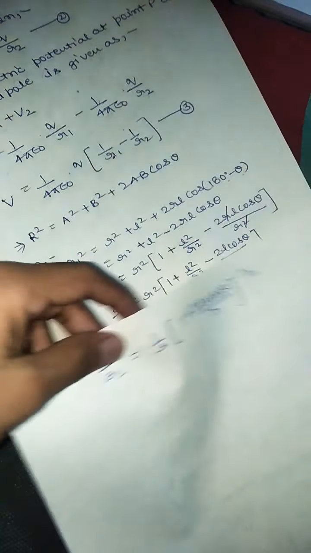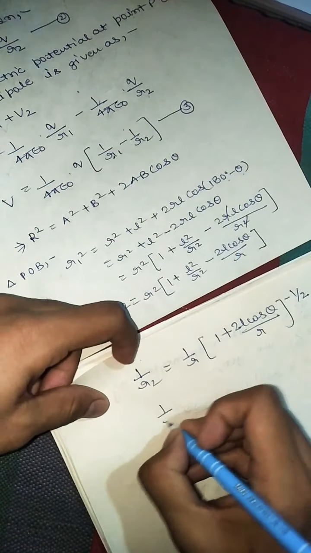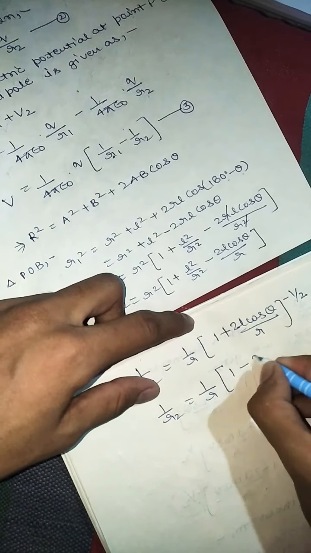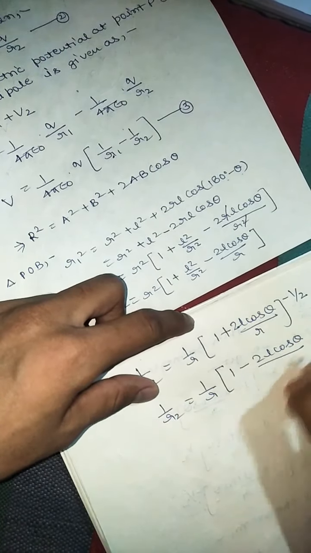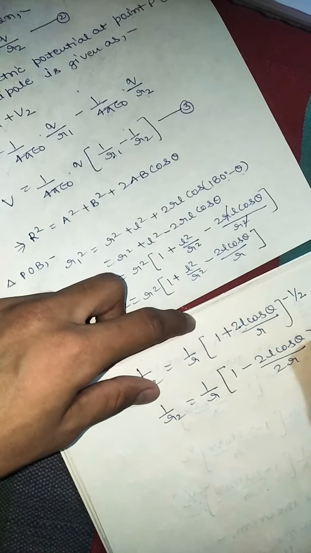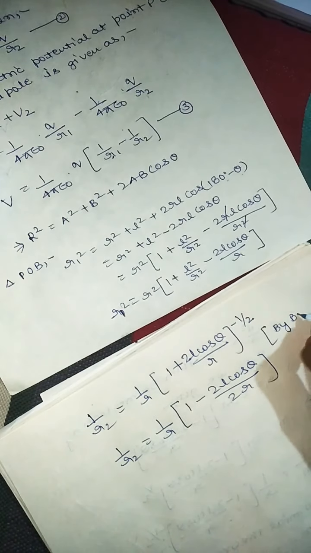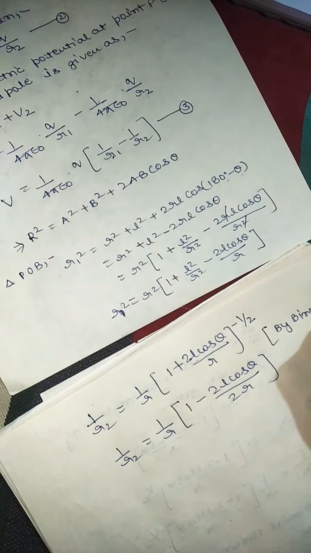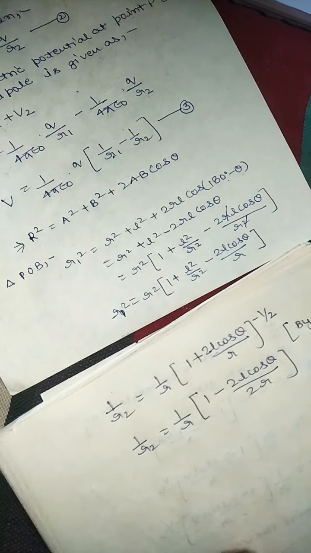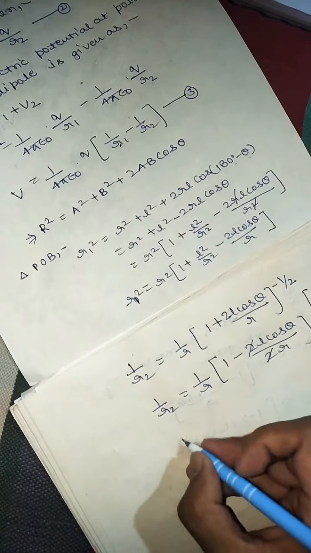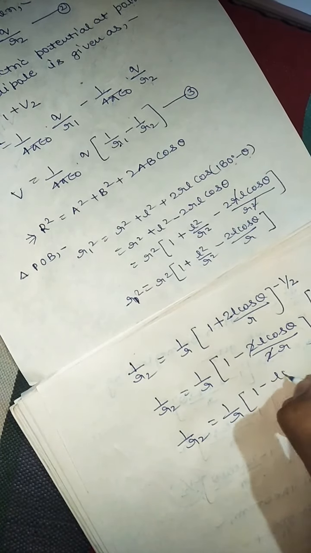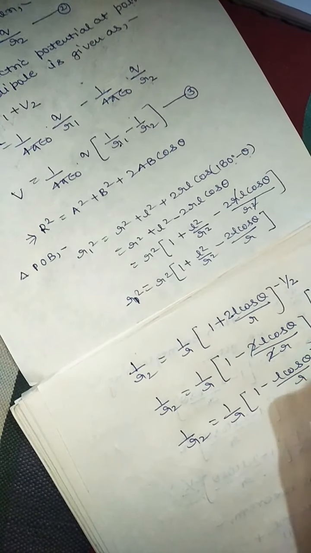Then 1 upon R2 becomes 1 upon R 1 minus 2L cos theta by 2R, because plus minus plus by binomial theorem. By binomial theorem we have done this before, na? So 2 cancelled out, 1 upon R2 becomes 1 upon R 1 minus L cos theta by R. This one is equation number 5.